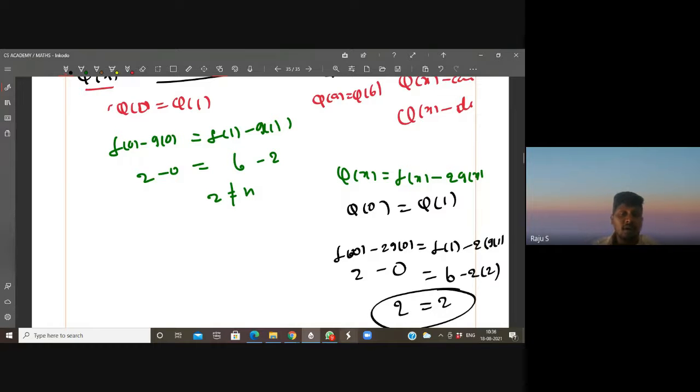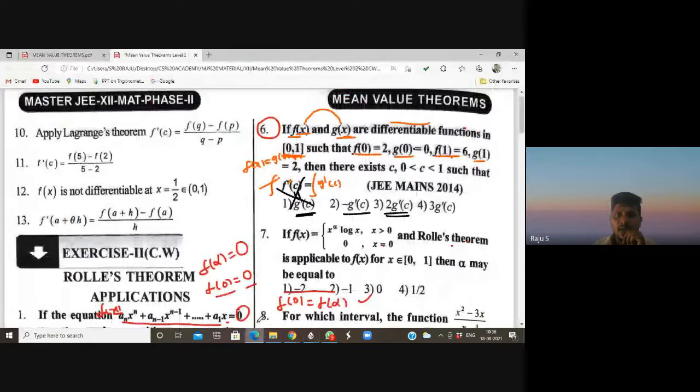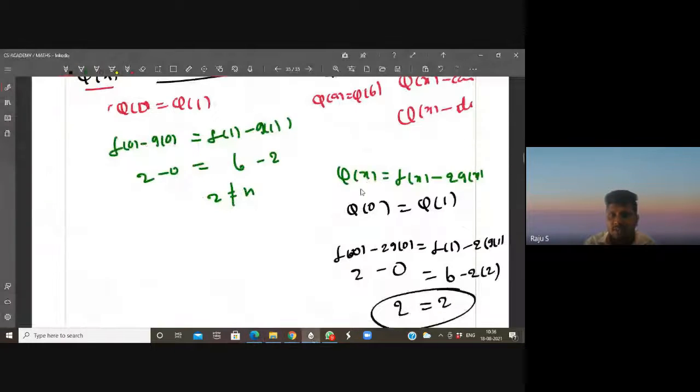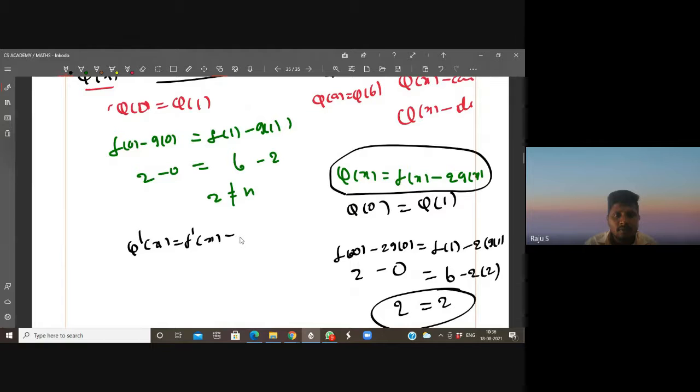Verified. Third option verified. Here there is no need to check the first and second conditions of Rolle's, just check the third condition. So when I differentiate, phi dash of x is equal to f dash of x minus 2 into g dash of x.